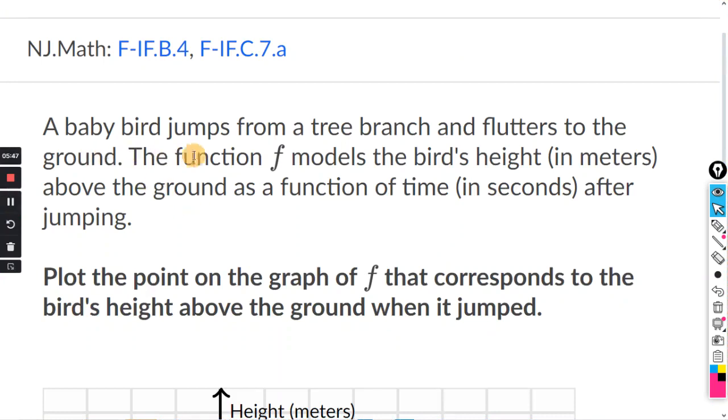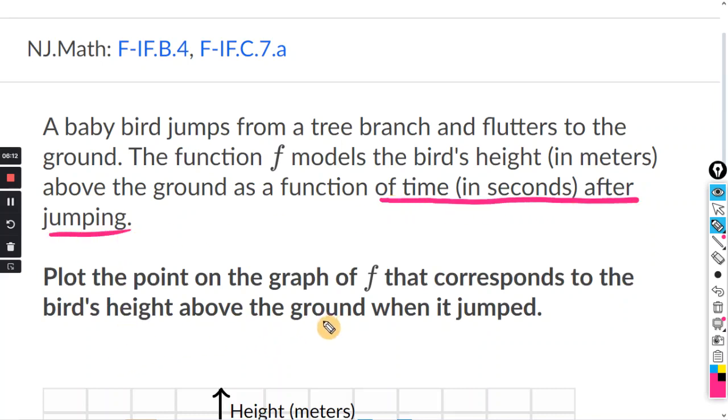Okay, a baby bird jumps from a tree branch and flutters to the ground. The function f models the bird's height in meters above the ground as a function of time in seconds after jumping. Plot the point on the graph of f that corresponds to the bird's height above the ground when it jumped. Okay, the time is in seconds after the bird jumps.